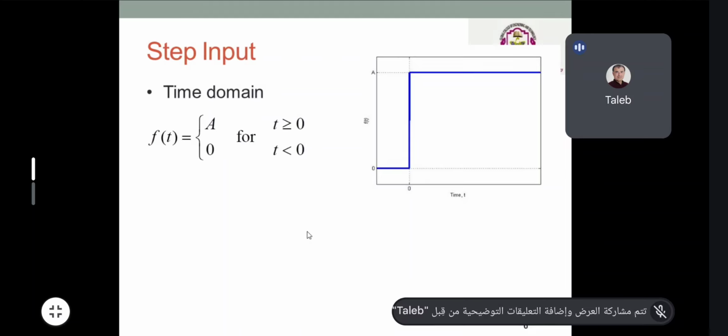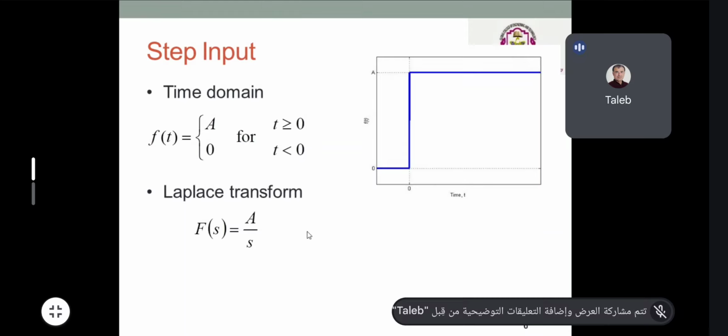Then step. Step is the most commonly used because it is like a switch that you turn on and keep on forever. When you turn on the switch, you let it stay on and keep it open forever. That is step input. The time domain is like A, the amplitude, a level, and in Laplace domain it will be A over s.